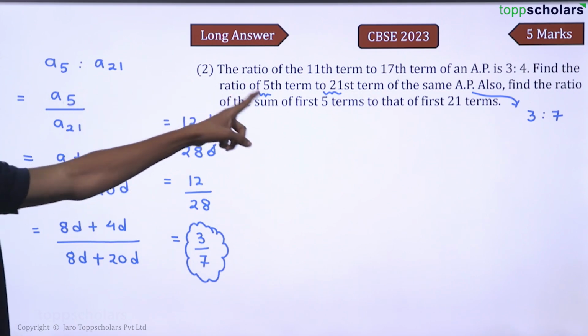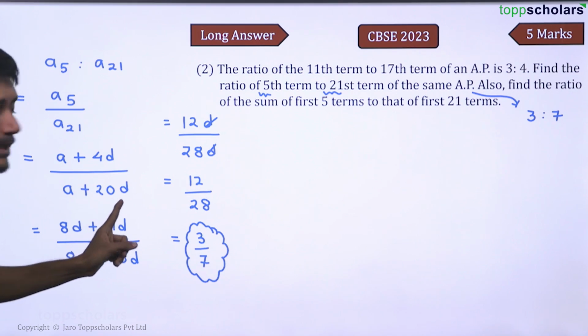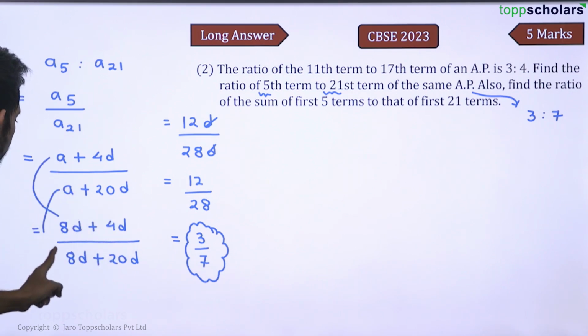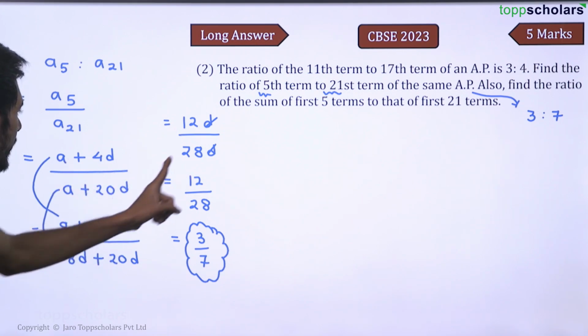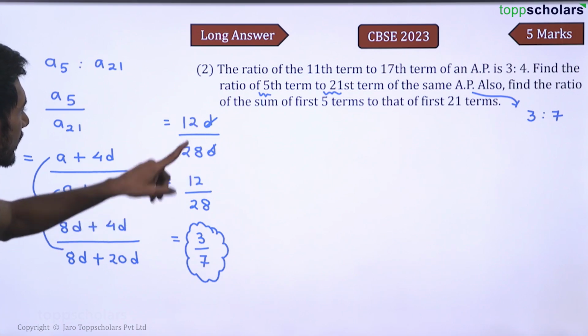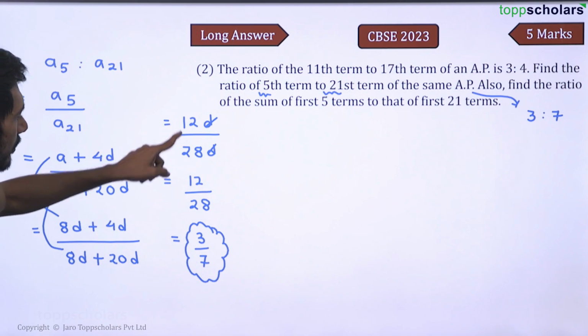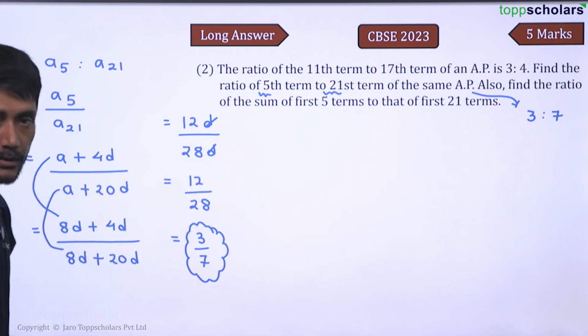We took a5, we took a21, a5 is a plus 4d, a21 is a plus 20d, a is 8d, here also a is 8d, so 8d plus 4d is 12d, 8d plus 20d is 28d, d gets cancelled, this is 12 by 28, you can divide this by 4, 4 3s are 12, 4 7s are 28, you get 3:7, right?